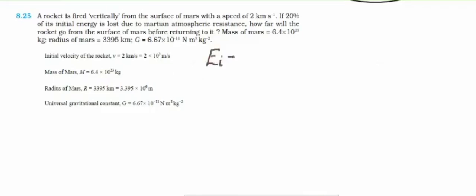Initial energy we can calculate. Initial energy is equal to half m v square minus G M m divided by R, kinetic energy plus potential energy.